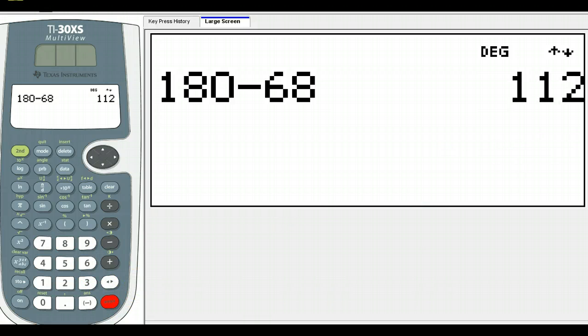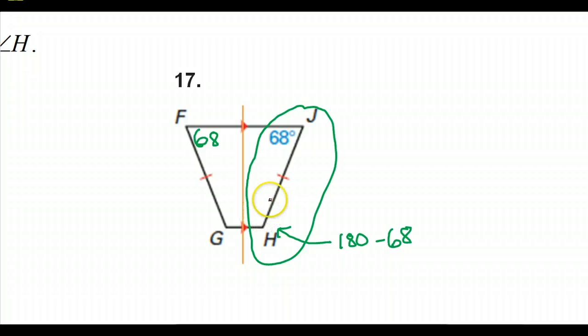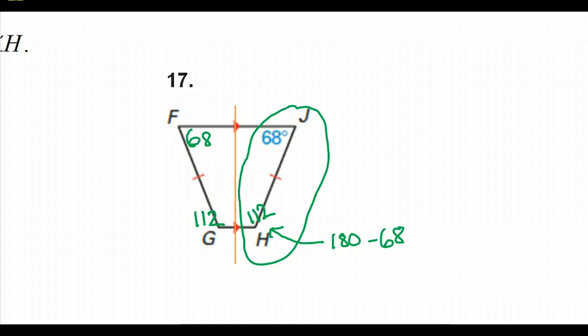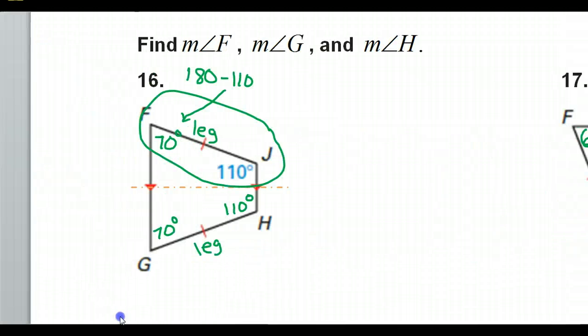And that's 112. So that tells us that the angle H here is 112. And because of the whole symmetry thing, that means angle G is also 112. So that is how you do that. Nothing else over there.